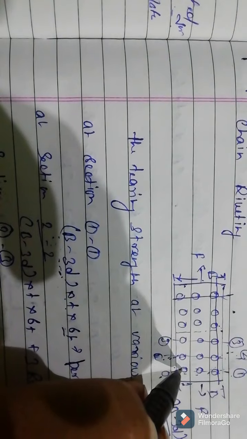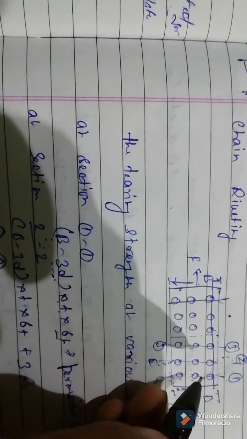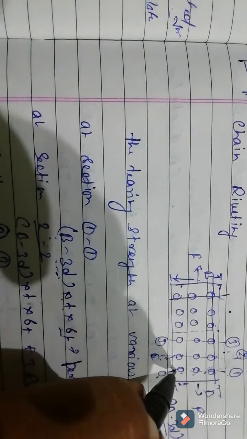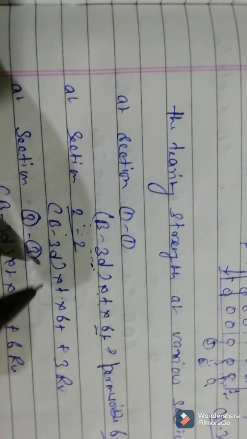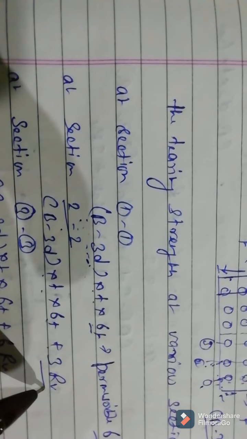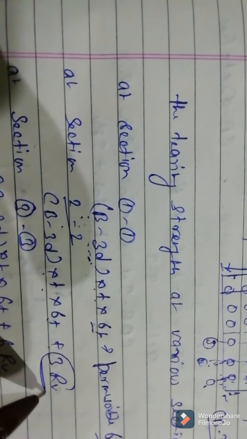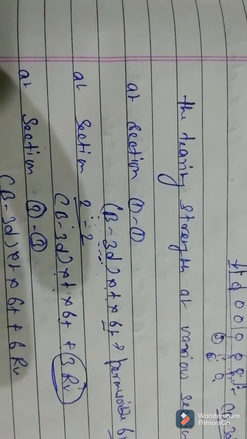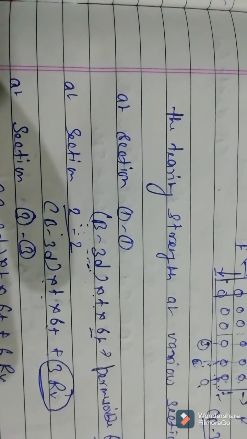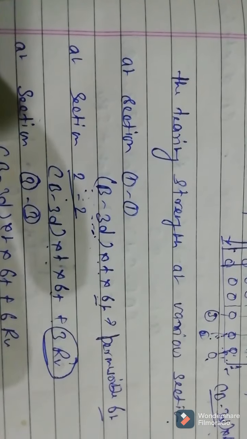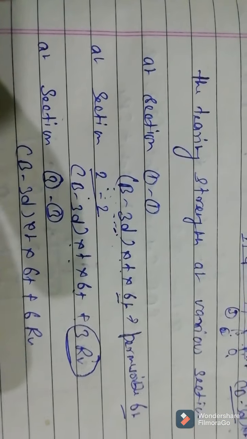Three rivets are used to calculate the tearing strength. So at the second section it is B minus 3D multiplied by T into sigma T plus 3 rivet value. The reason is that this rivet value is going to resist your tearing strength, since in our assumption we have already made all rivets equally stressed.